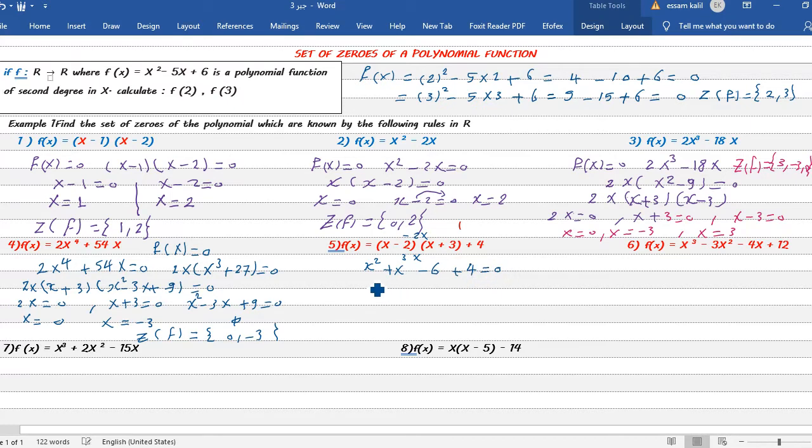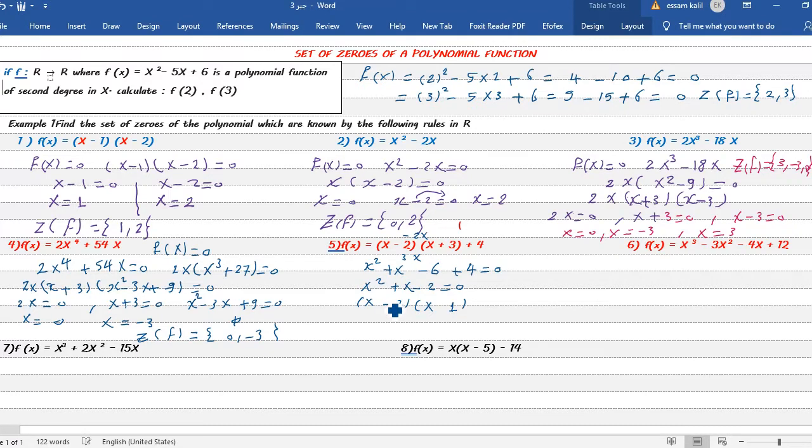Equals 0. Then combine the like terms: x power 2 plus x, negative 6 plus 4 becomes negative 2, equals 0. Make factorization: x and x. Find the product of two numbers equal to 2 and the difference between them equal to 1, so 2 times 1.